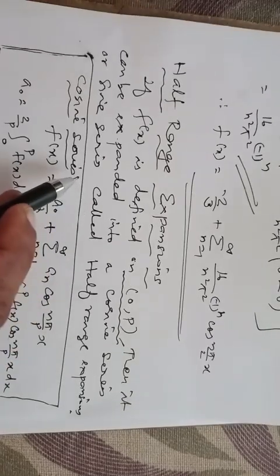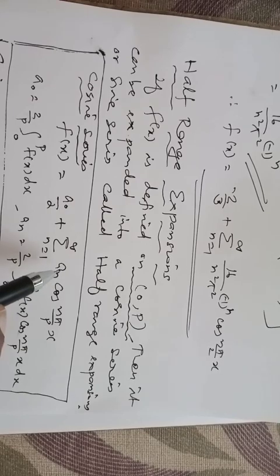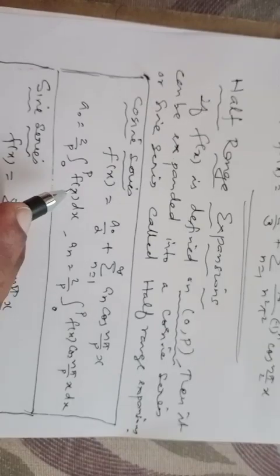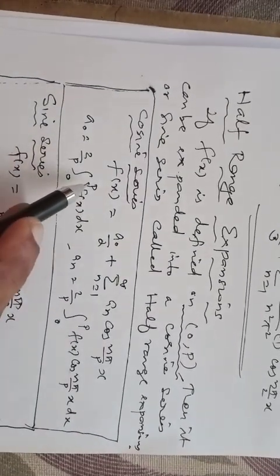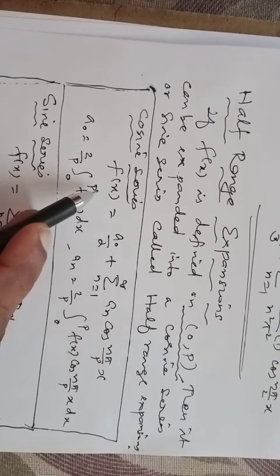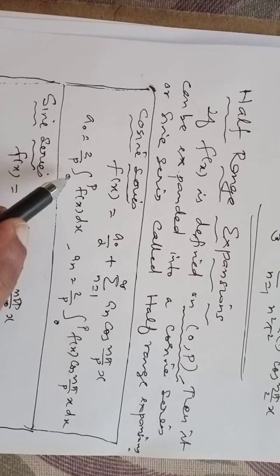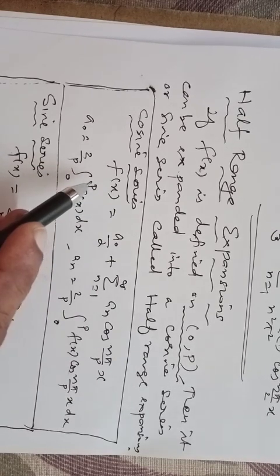If it is asked to find the cosine series, formula is this: a0 and an are there, bn is 0. And formula to find the value is same as that of even and odd functions. a0 is equal to 2 by p into integral 0 to p. Integration from 0 to p is only possible because the domain is only from 0 to p, not from minus p to p.